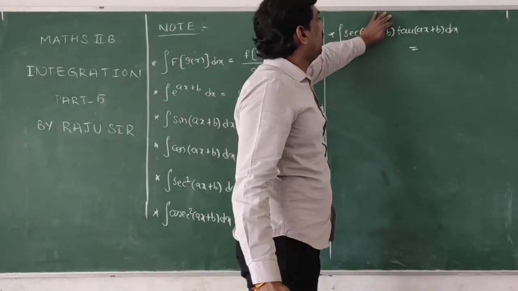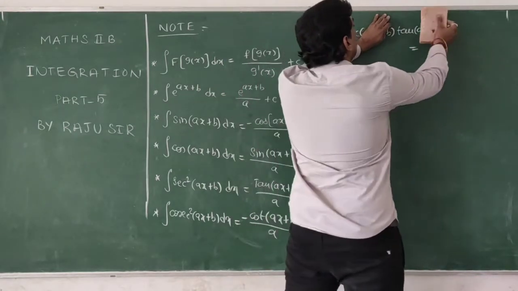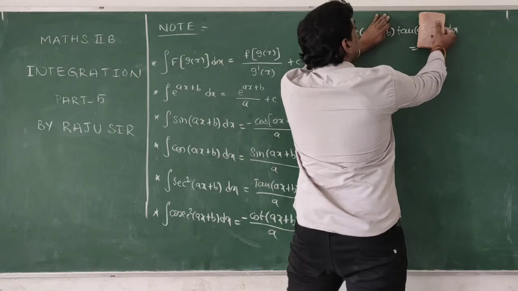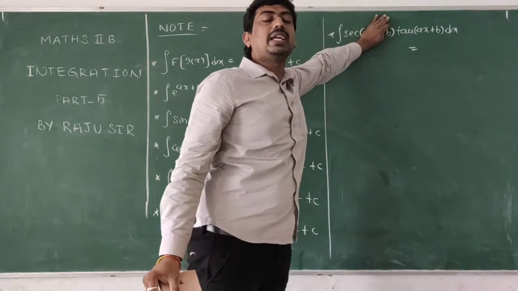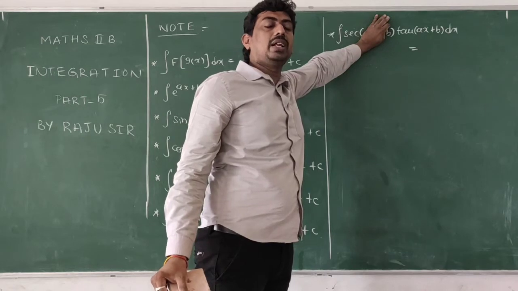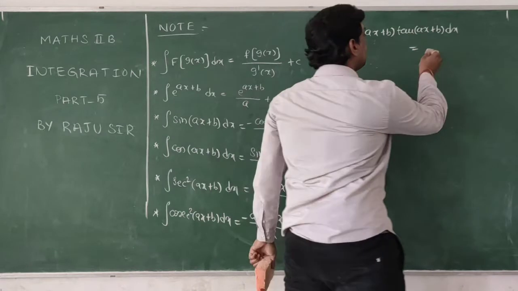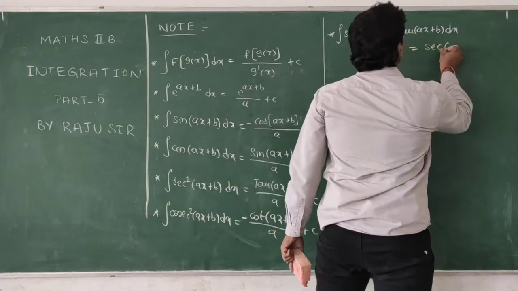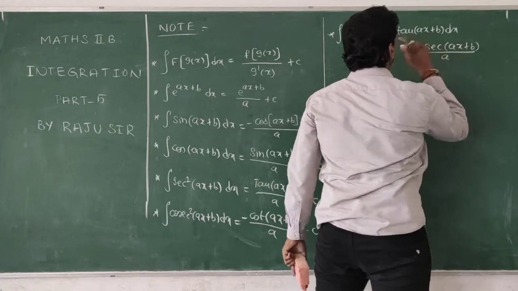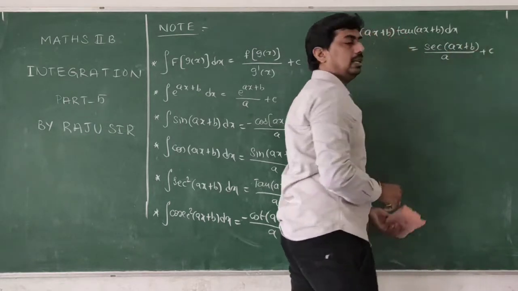If we treat ax plus b as x, then integration of secant x into tan x is secant x. Here it is secant of ax plus b, that's why secant of ax plus b by the internal function derivative, ax plus b derivative is a, plus c.